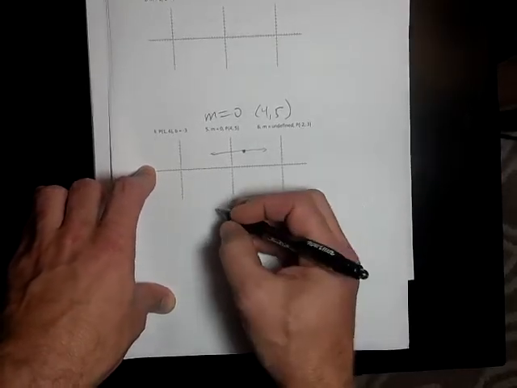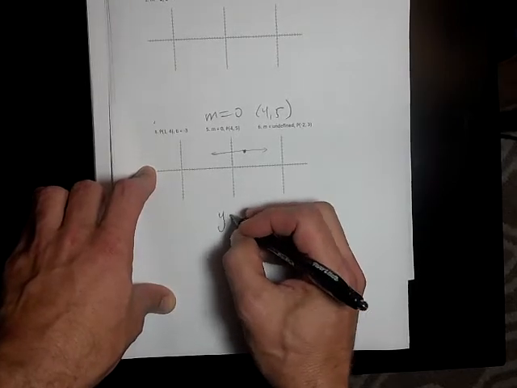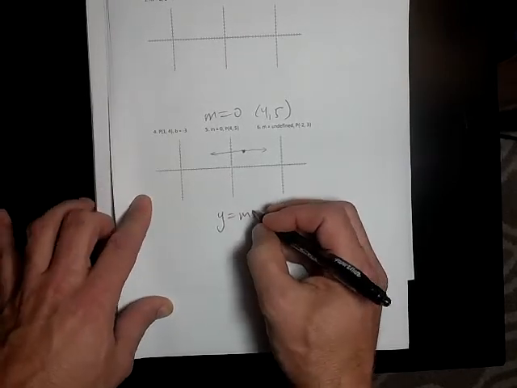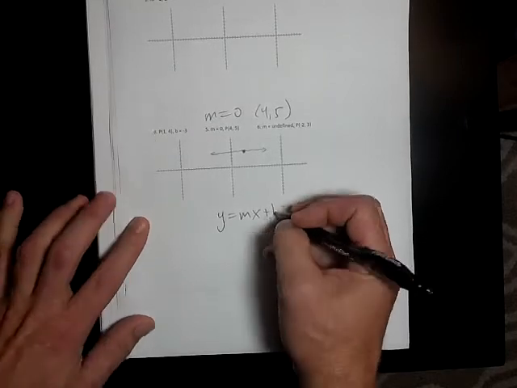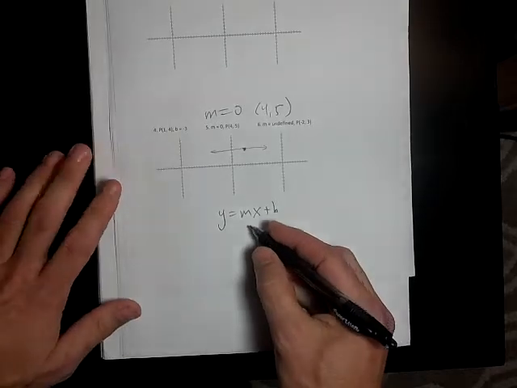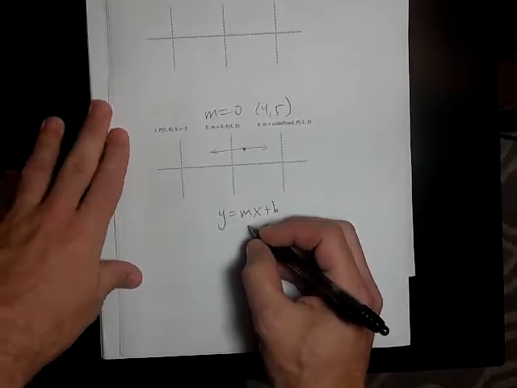But if you wanted to do this formally, you can say y is equal to mx plus b, where m is the slope, and that's 0.